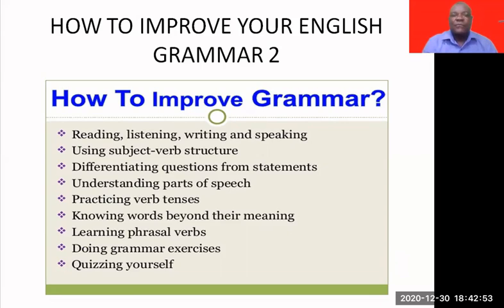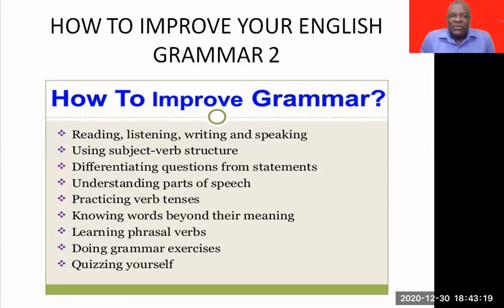Then, of course, when you are enrolled in a school, you begin to read. And of course, you listen in class as you read. You combine reading with listening, and then writing comes as part of the learning skills.